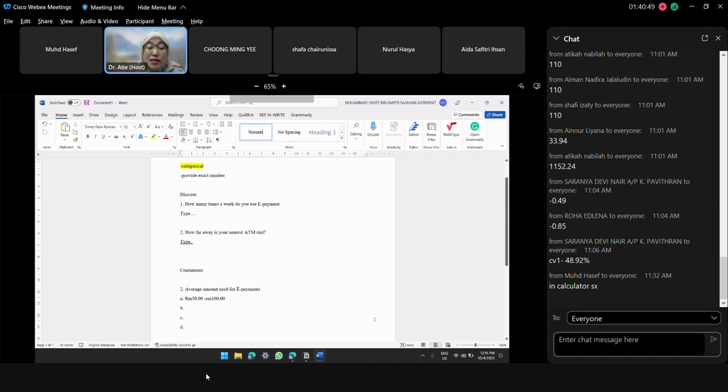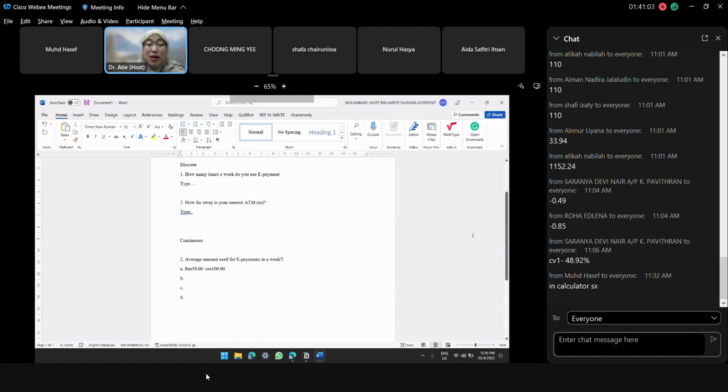Then for the continuous, the average amount used for e-payments in a week, you need to be more specific. In a week, in a month. So just put RM, how much per week. Just put them to fill in the blank. So that one is continuous.